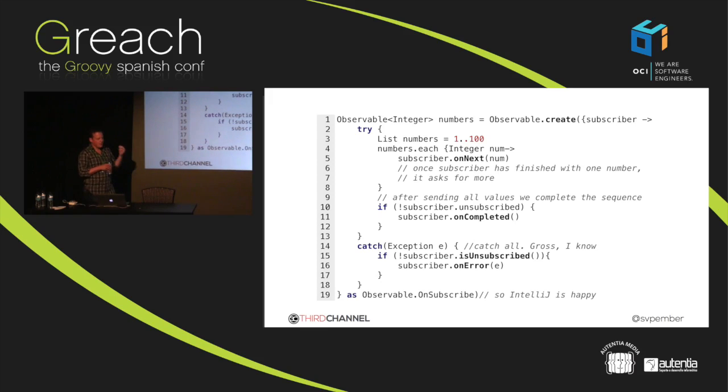OnNext is used whenever it's time to send more data down to the user. So again, observables push data when they're ready, unless they receive some backpressure, which we'll get into a little bit later. But it's onNext, push data, so it's just iterating and pushing data down. Once it's finished processing that list, it calls onCompleted on the subscriber.